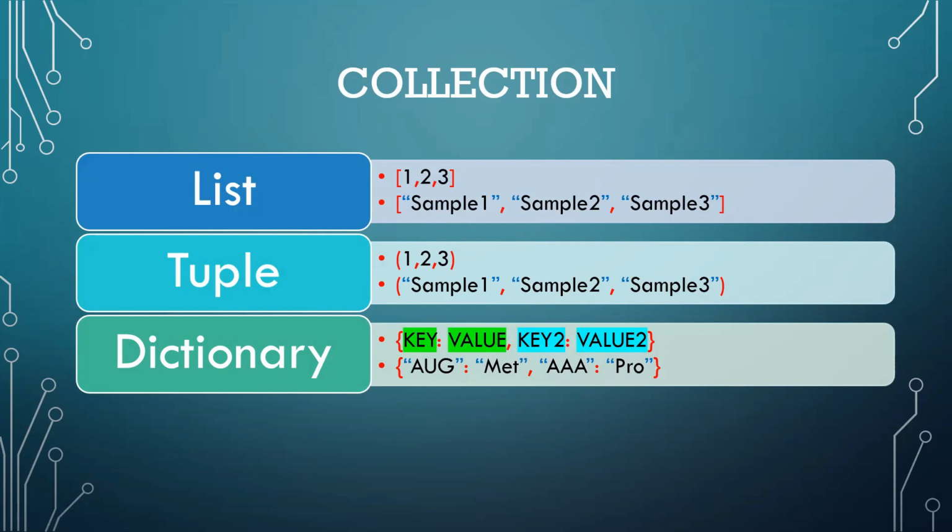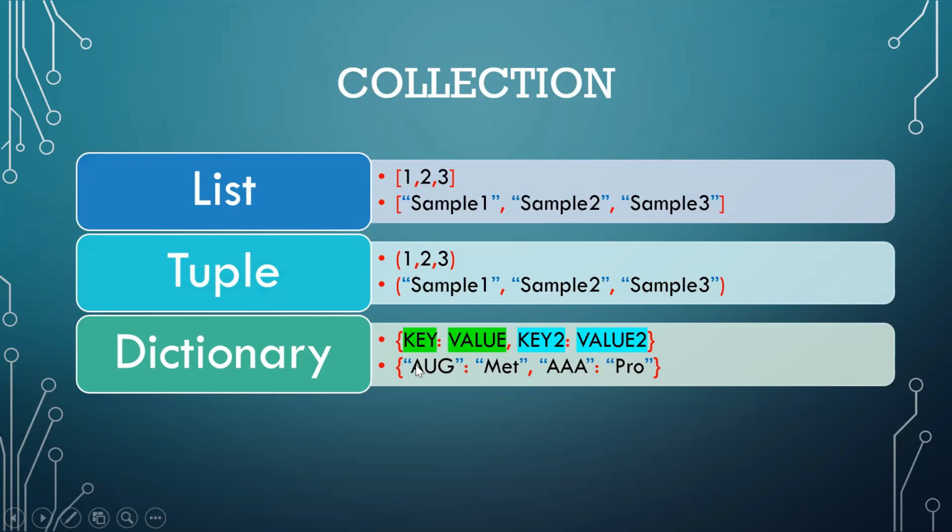It's the same thing, the key and its value, as you can see here: key one colon value one, separated by a comma, and then we can do key two colon value two.